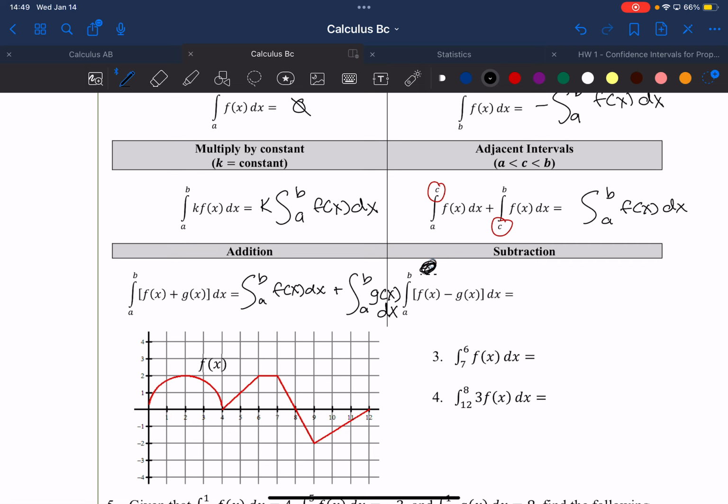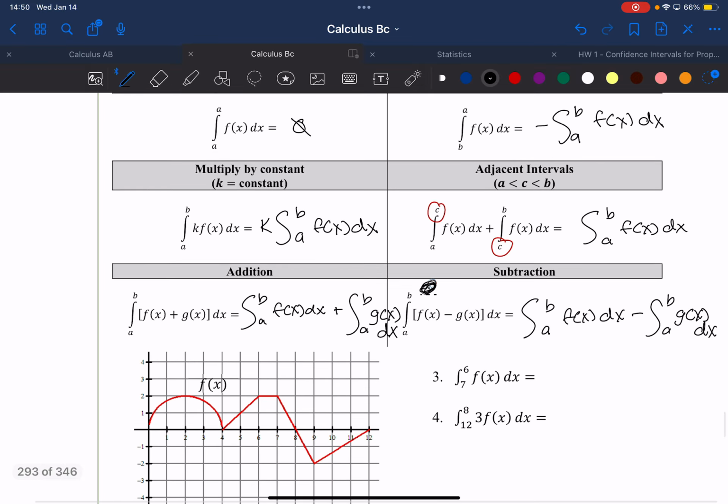We can take that one single integral and separate it into two integrals: the integral from a to b of f of x dx minus the integral from a to b of g of x dx. These properties are some of the basic ones that we're going to learn and practice in these notes.